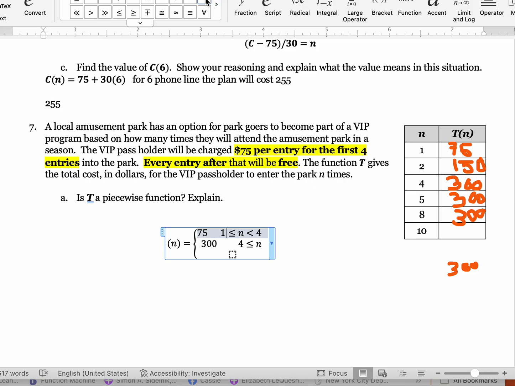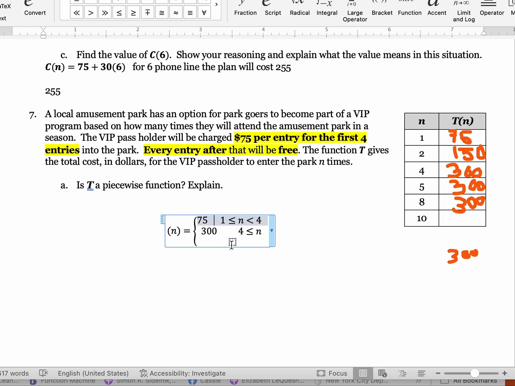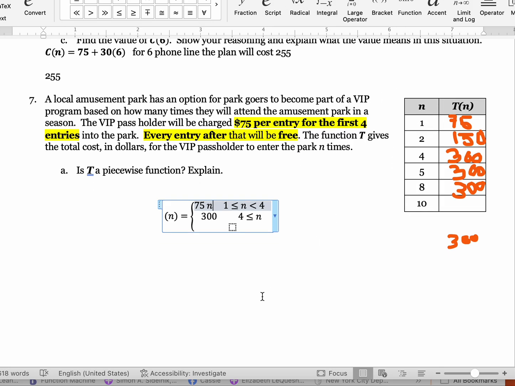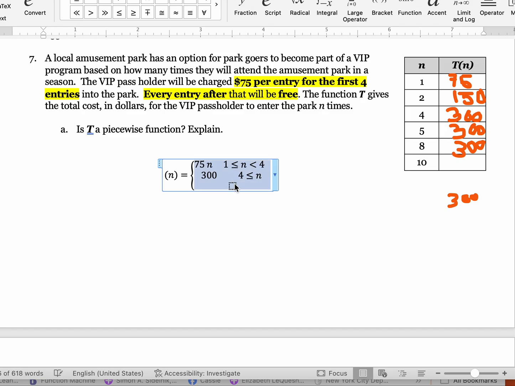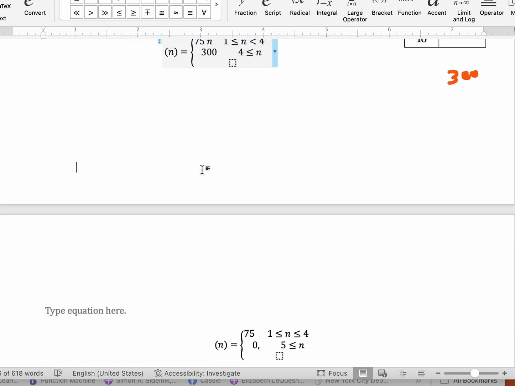So 75n is the condition because it's 75 times n. And then for the next one it's just 300. This won't let me get rid of the bottom piece, so I'm just going to leave it there.